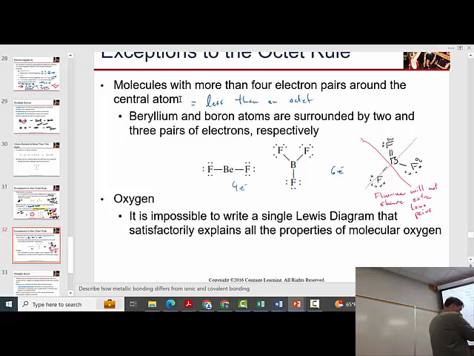What results is there are different ways we count the electrons. The lone pairs belong entirely to fluorine. And so this fluorine has 3 lone pairs. And those 6 electrons only belong to fluorine. However, the shared pair kind of belong to both. They belong to both boron and fluorine.